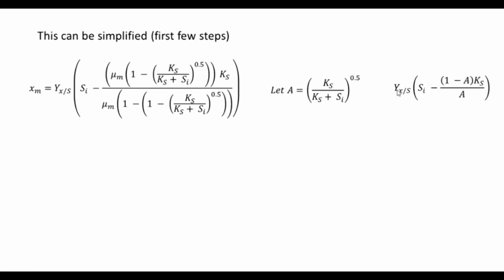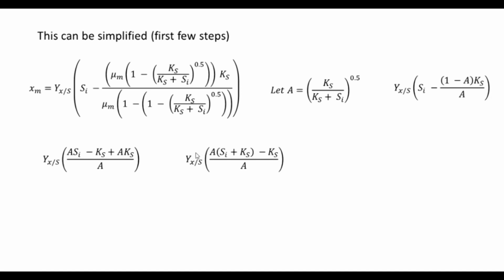I am taking a look at Yxs Si minus 1 minus A into Ks divided by 1 divided by this. The 1 and 1 would get cancelled out if I open the brackets, and then this would become plus, which would just be A. The mu m and mu m are going to get cancelled out anyway, so that goes out. And therefore, if we take a common denominator here, we are going to get A Si minus Ks, expanding the bracket here, plus A Ks.